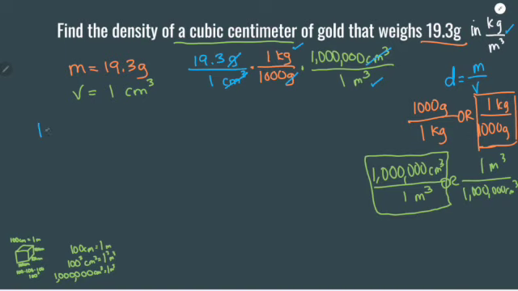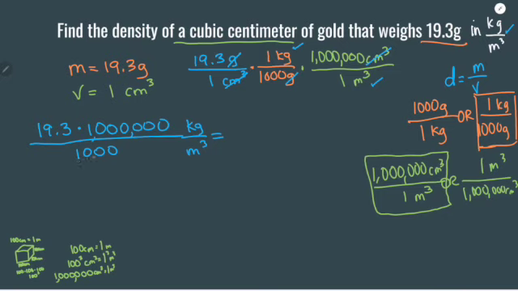Now we have our numbers: 19.3 grams times, we can just eliminate the 1 because multiplying by 1 does not affect the value, times 1 million over, and again we have 1 times 1,000 times 1, which is just 1,000, and this is going to be kilograms per cubic meter.